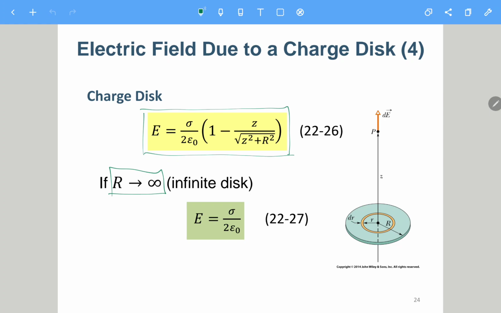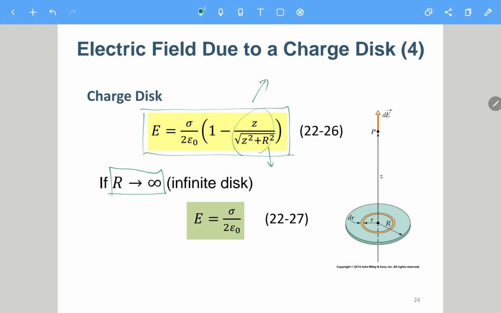If R is infinitely large, then you can imagine this term will shrink to 0. Why? Maybe you are not familiar.